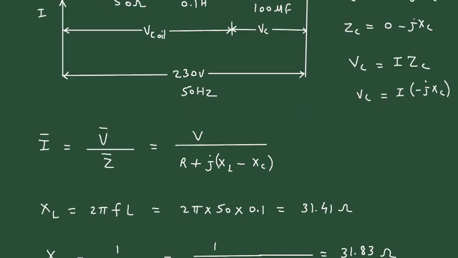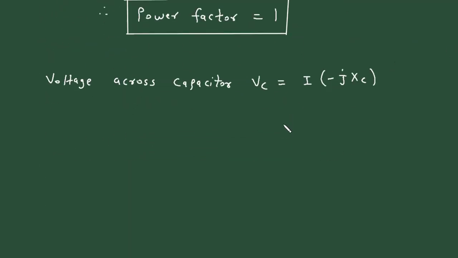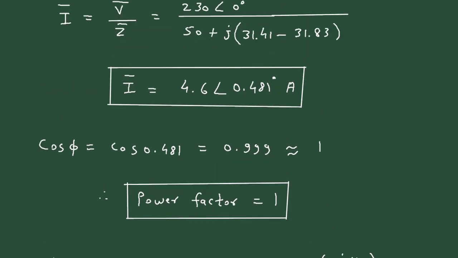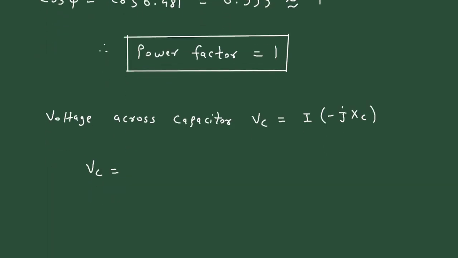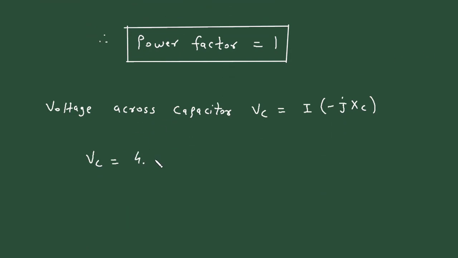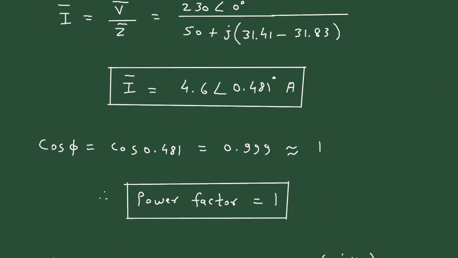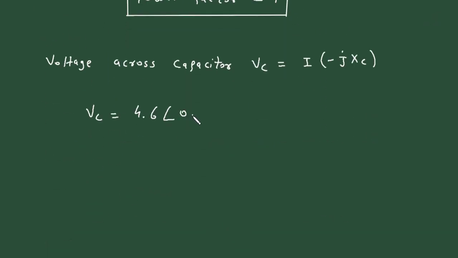So if we substitute this value, it will be the value of I. Here we can write VC is equal to the value of I, which is 4.6 at an angle 0.481, then it will be multiplied with minus j into XC.